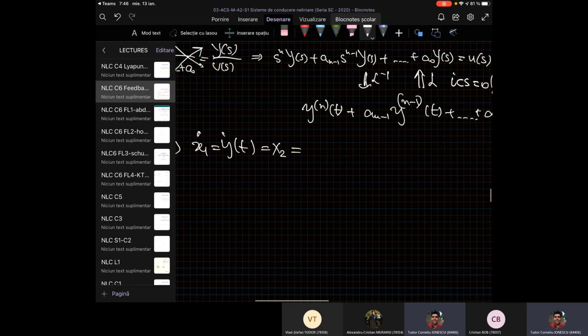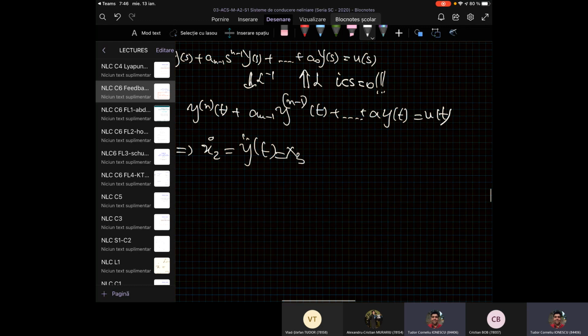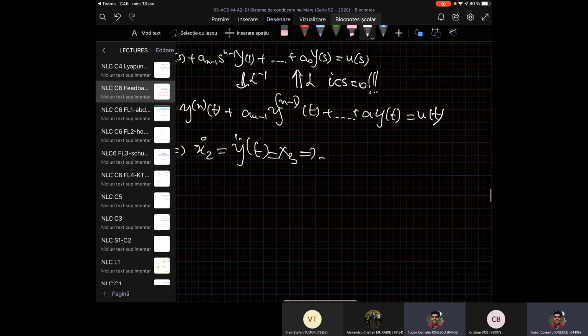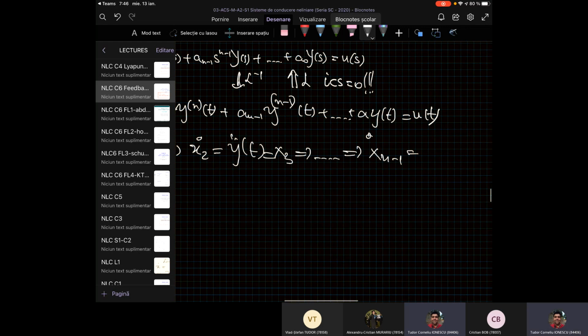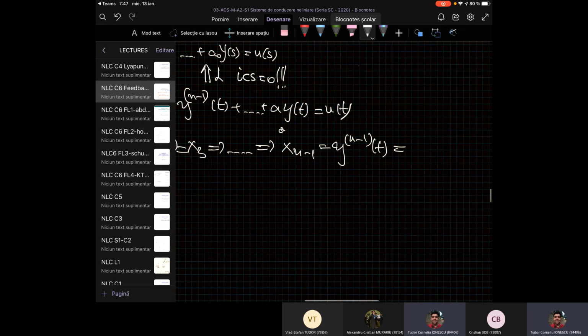That means that x2 dot equals y double dot of t, which is x3. You remember we used to do that? And so on. So x_{n-1} dot is y^(n-1)(t), and all of these are notations, x_n.